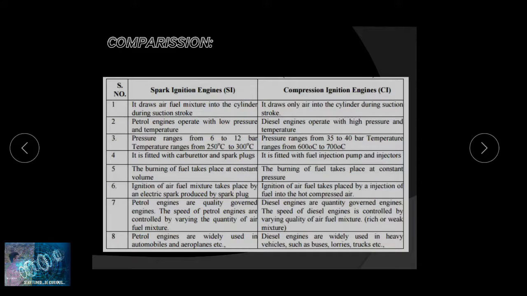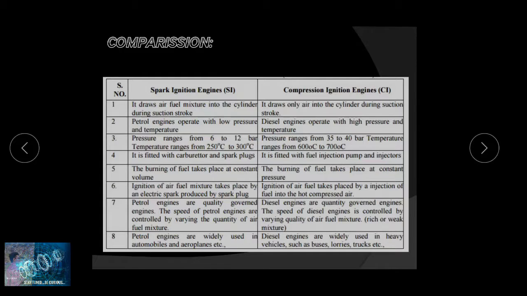SI engine pressure ranges from 6 to 12 bar and the temperature ranges from 250 degrees Celsius to 300 degrees Celsius. On the other hand, CI engine pressure ranges from 35 to 40 bar, temperature ranges from 600 degrees Celsius to 700 degrees Celsius.